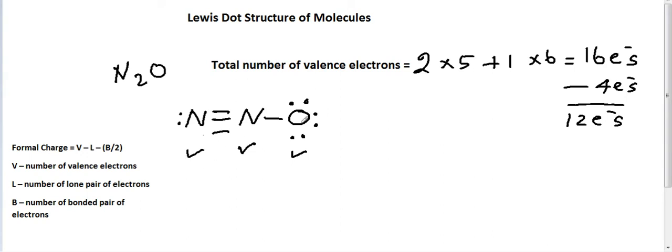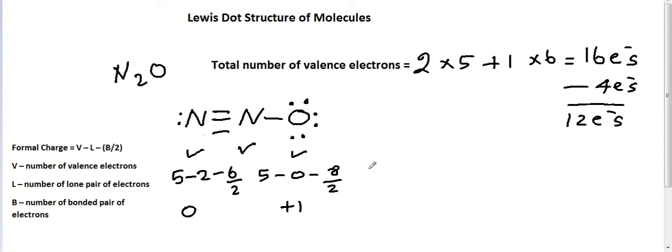We know the number of valence electrons is 5, minus 2, minus 6 by 2, that is 0 for the first nitrogen. For the nitrogen in the central position, it is 5 minus 0 minus 8 by 2, that gives you plus 1.